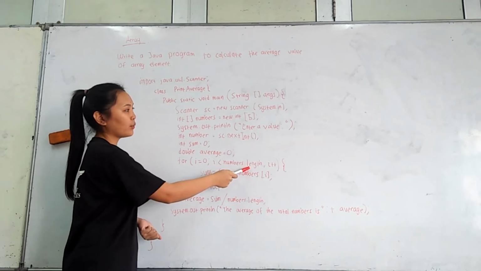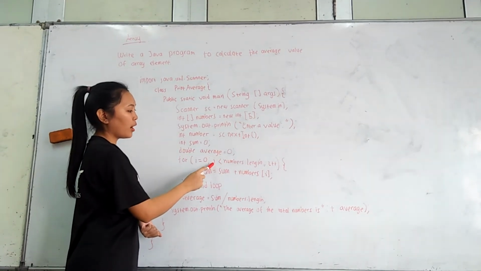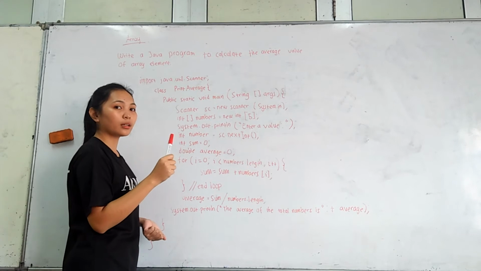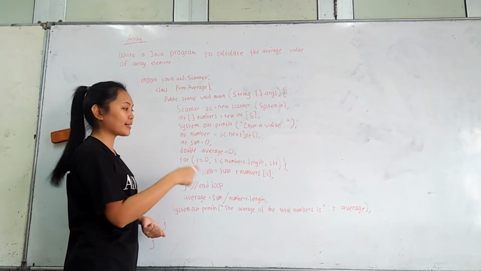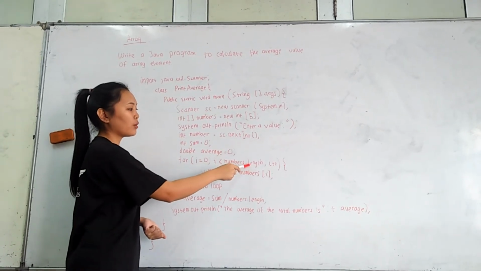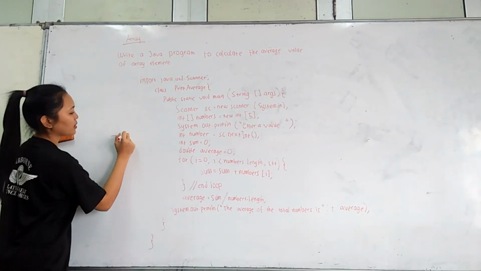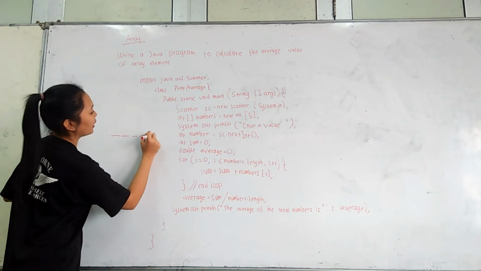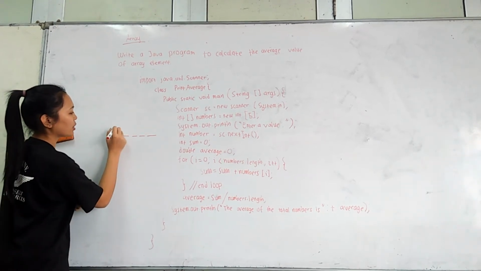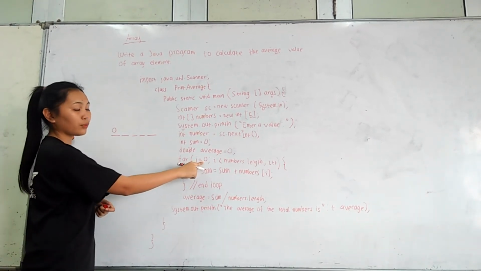The numbers length is 5, so the values we enter must be less than the numbers length. For example, the length is 1, 2, 3, 4, 5. We start with 0 because here we start with 0.